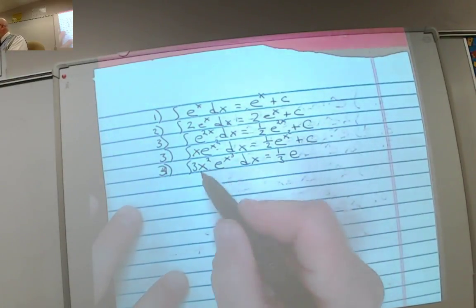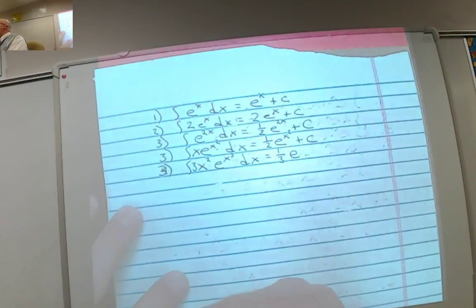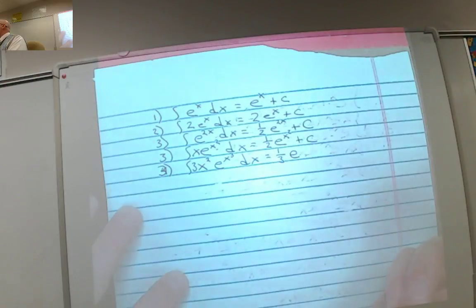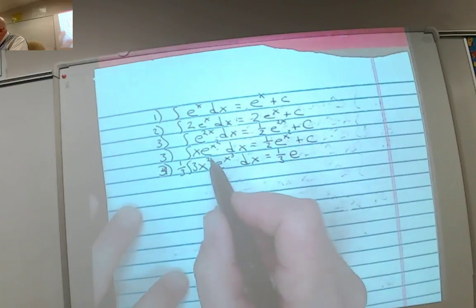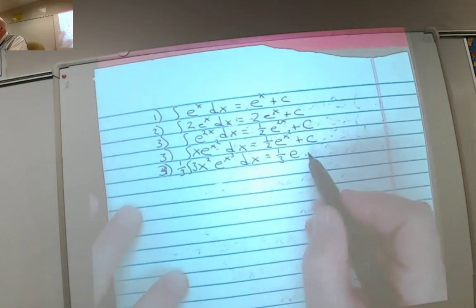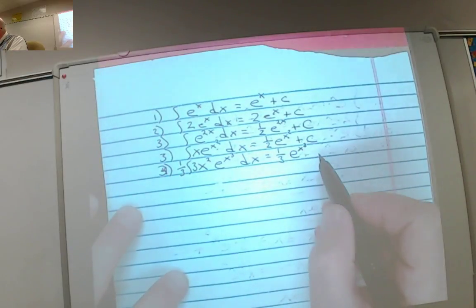So if I put a 3 there, I have it, except I just can't arbitrarily throw in a 3. I have to multiply by what else? 1/3, okay? So this now is the derivative of that, and it's gone because this is the antiderivative.